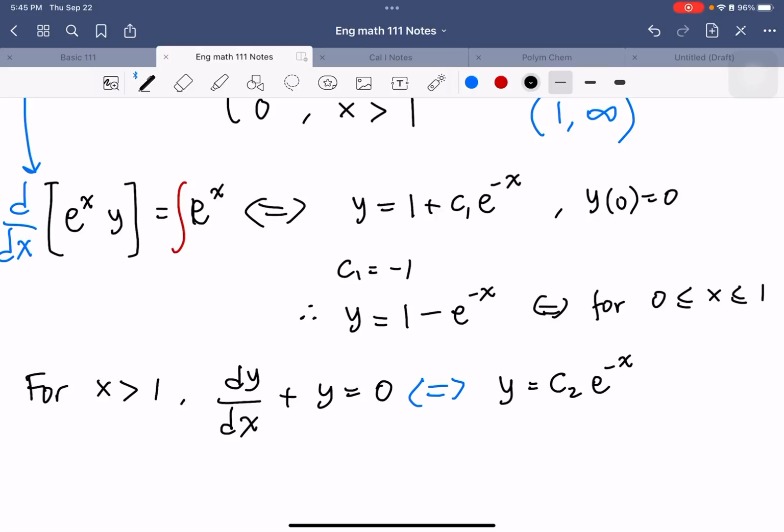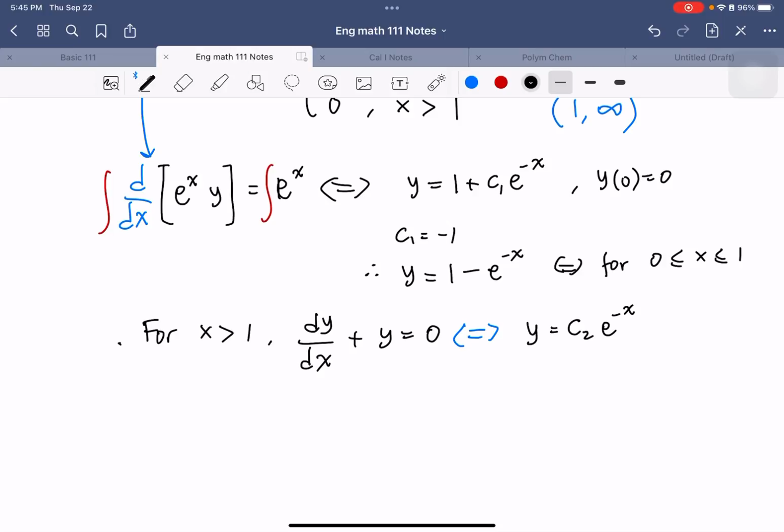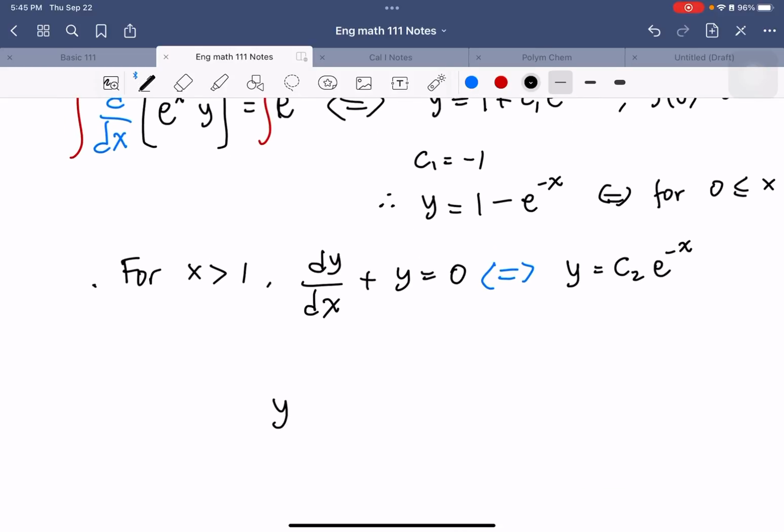And at least we can write down the interval or the piecewise.